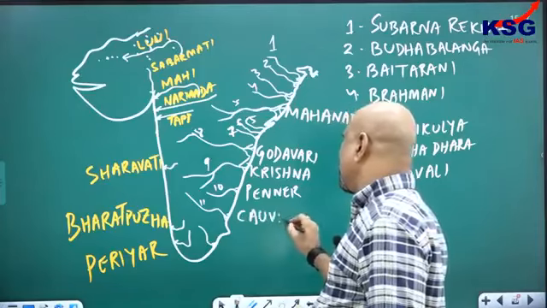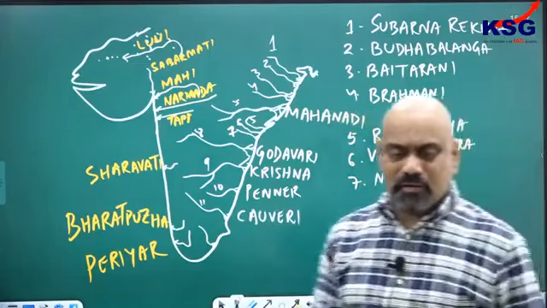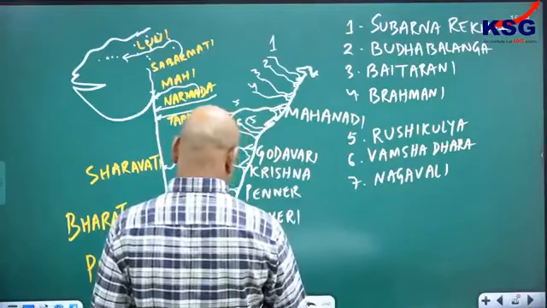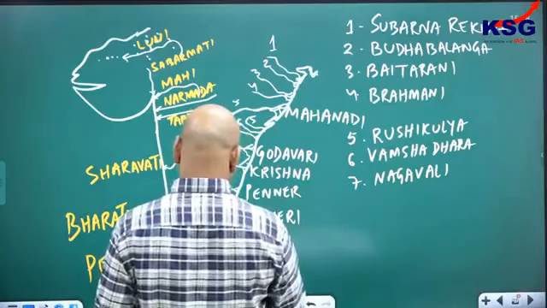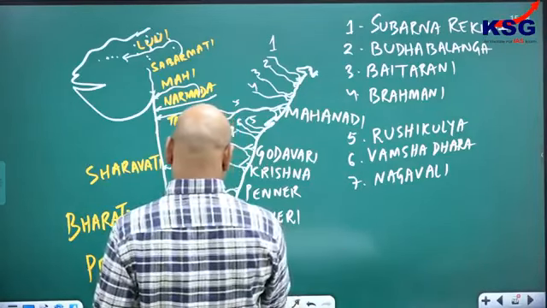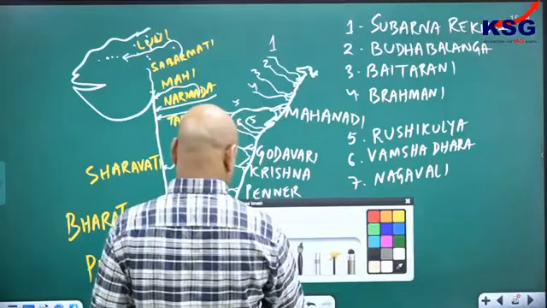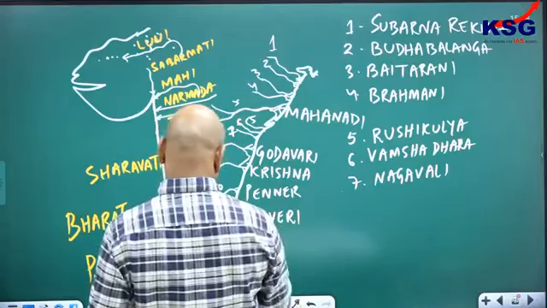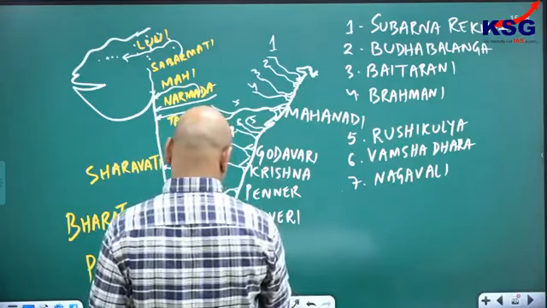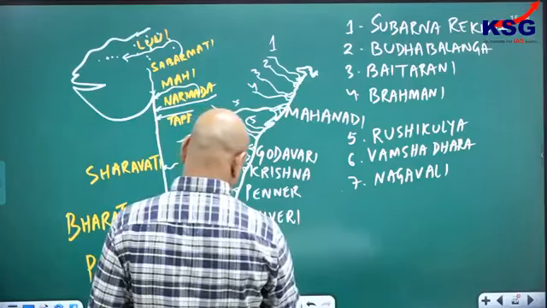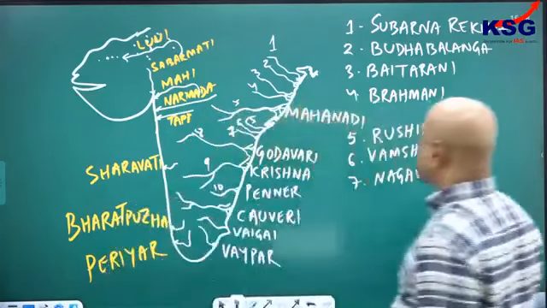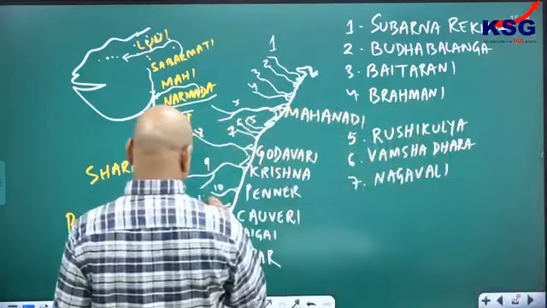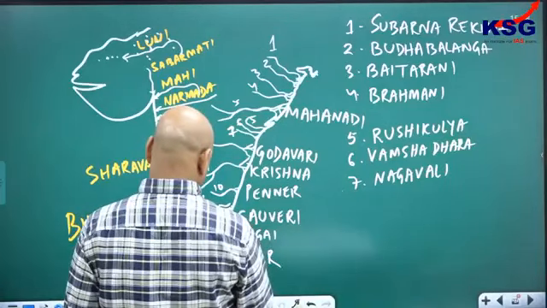Then river Kaveri. River number 11 is Kaveri, 12 is Vaigai, 13 here is Vaippar. Can you see these rivers here?